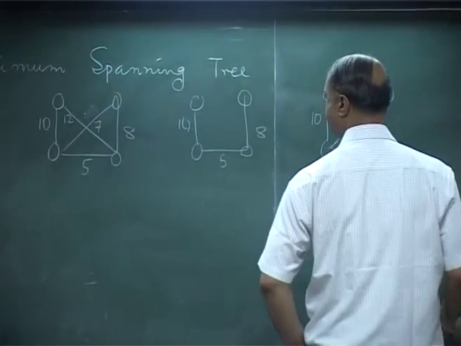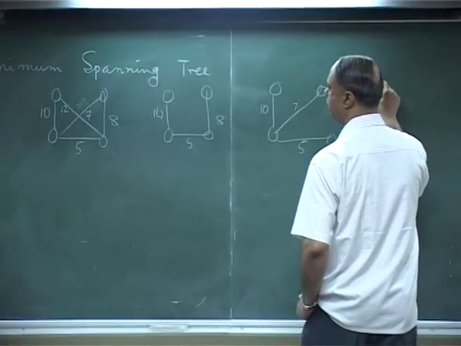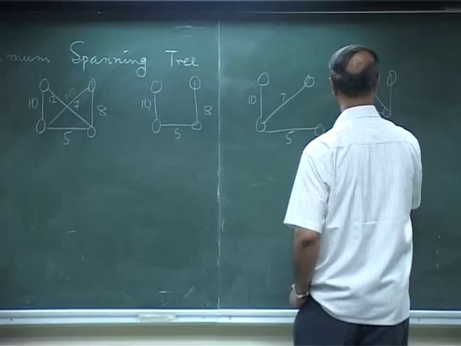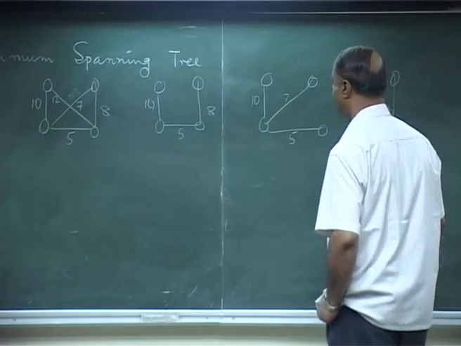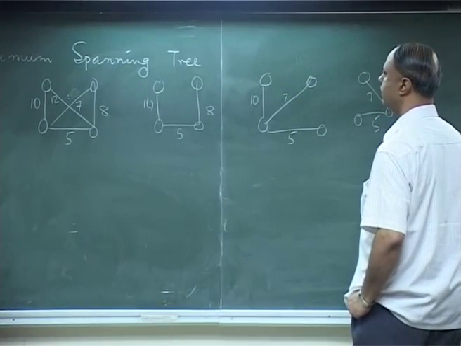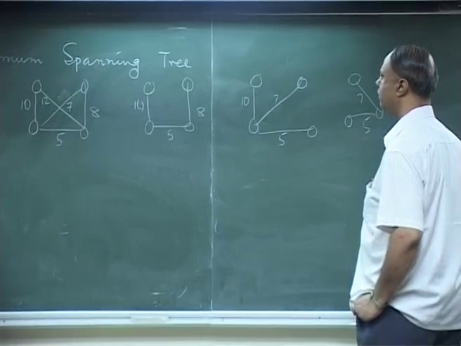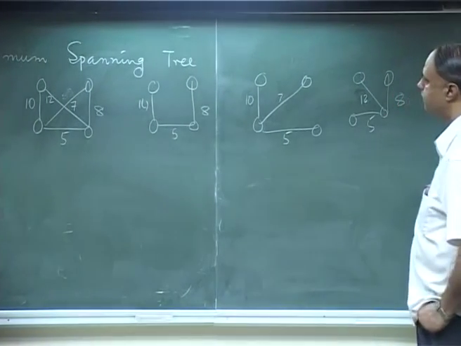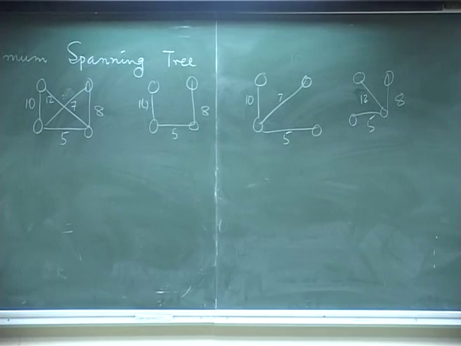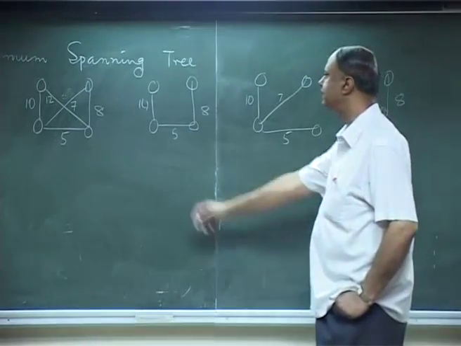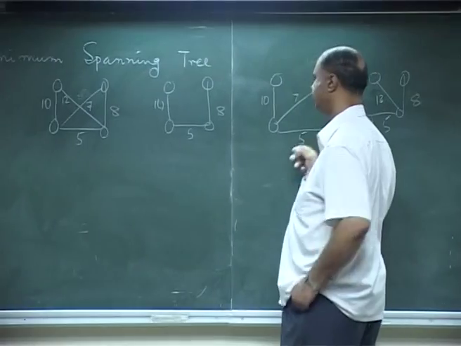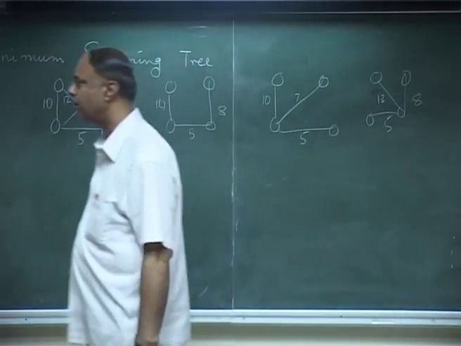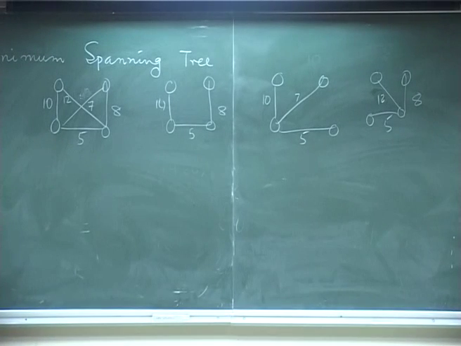Another spanning tree could be 5, 7, and 8. Oh, sorry, not 7, it is 12. Okay. And the cost of the spanning tree is the sum of these weights. So the spanning tree having the minimum cost is known as the minimum spanning tree.